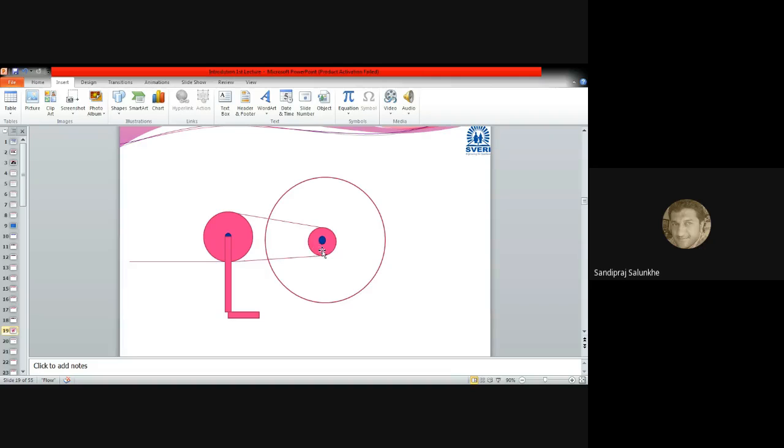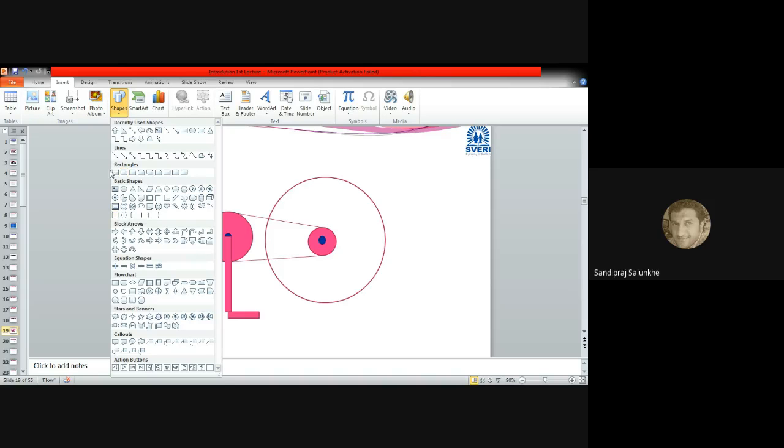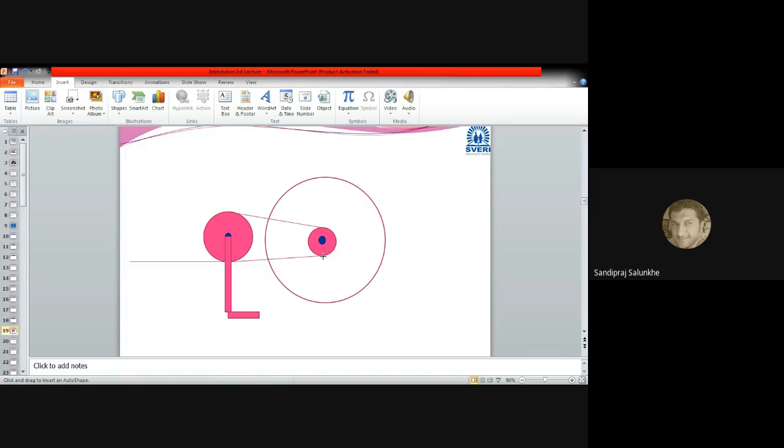The same way, if you want to draw the distance traveled by the smaller wheel, it will also be pi d, where d is the diameter of that smaller wheel. And if you want to show it by a line, it will be less. Suppose this bigger wheel has a diameter equal to 2 times the smaller wheel, then this line will be 2 times longer than the line which is drawn for the smaller wheel.